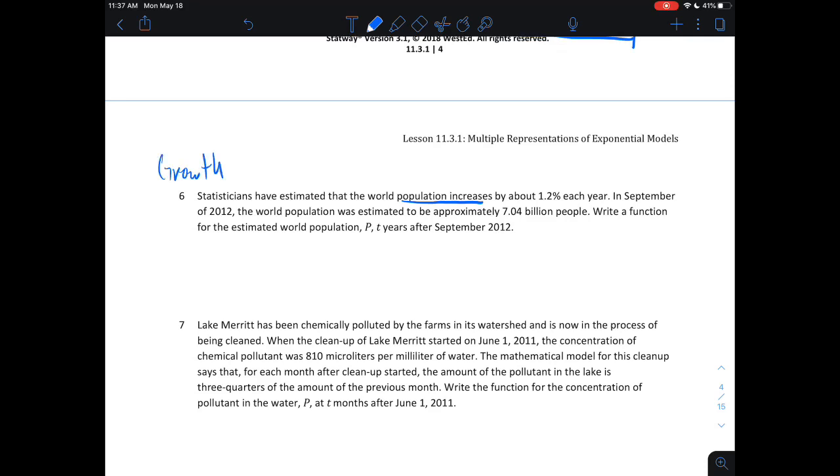In this case, the growth factor, just like we did earlier in the lesson, would be 100% plus, since we're increasing, 1.2%. That's the same thing as 101.2%, which is the same thing as 1.012 as our factor.